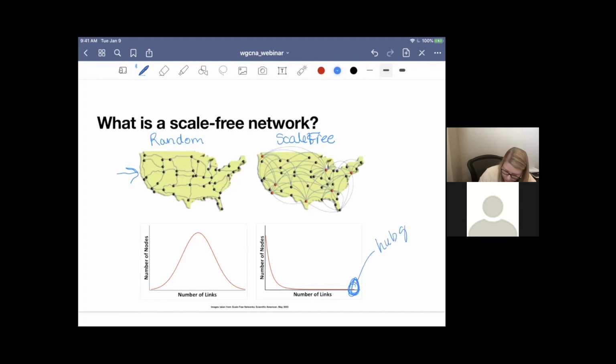And so they play a critical role in the network in that they have many connections going in and out of them, whereas genes along here have just a few connections going in and out. And so our analogy here is the airline system, where we have just a few central hubs for some of our bigger airlines that we usually have to connect through if we're trying to get from one side of the country to the other side of the country.